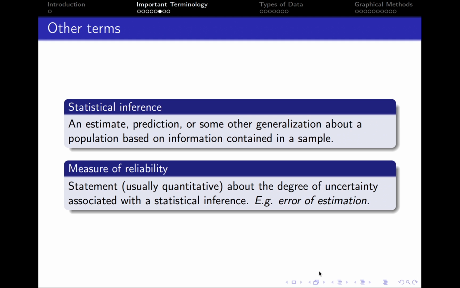And the other term from this slide that you should also remember is measure of reliability. So this is a statement, usually quantitative, so a numeric value, about the degree of uncertainty associated with the statistical inference. And an example of this could be error of estimation. So whenever you get certain results in statistics, whenever you estimate certain values, you might also need to provide some measure of reliability.